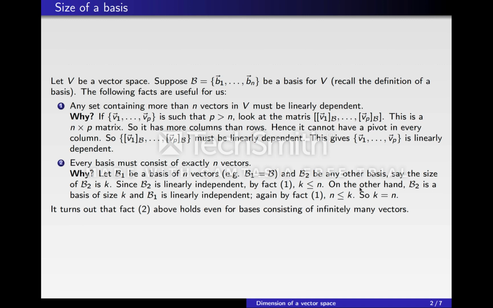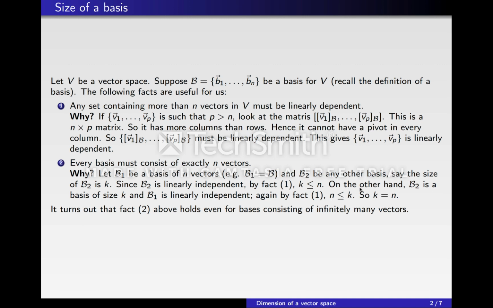So it cannot have a pivot in every column, because it got more columns than rows. We know from before that if a matrix cannot have a pivot in every column, then the columns of the matrix cannot be linearly independent, and so the columns have to be linearly dependent.